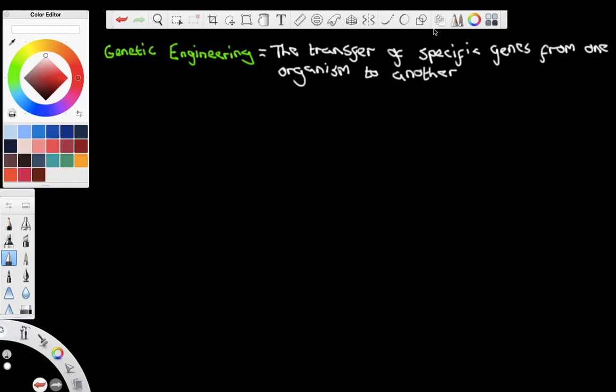So if we are transferring genes from one organism to another, we are carrying out genetic engineering.